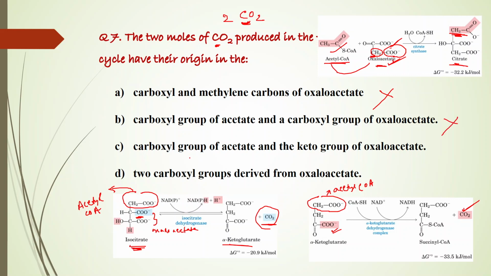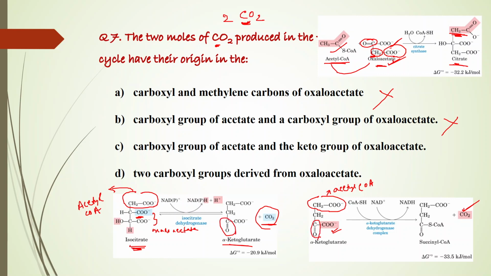The third one is carboxyl group of acetate and the keto group of oxaloacetate. Let us see. No, that was not the case. First of all, from the acetate no conversion was happening to CO2, and next is the keto group of oxaloacetate, that means this CO group. No, this was not transformed, because if you look here, this is the CO group that they are talking about.